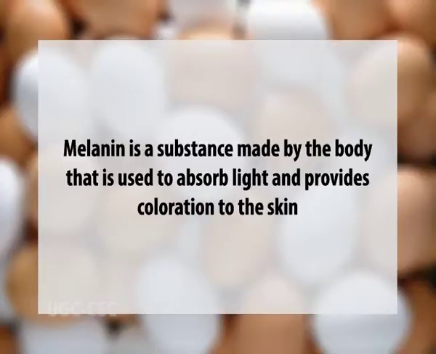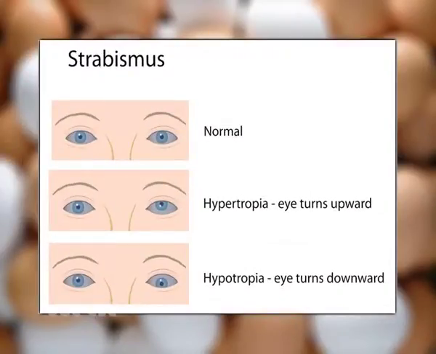Melanin is a substance made by the body that is used to absorb light and provides coloration to the skin. Indications of albinism are the absence of color in an organism's eyes, hair, and skin due to the lack of melanin. Some forms of albinism are also known to have symptoms that manifest themselves through rapid eye movement, light sensitivity, and strabismus.